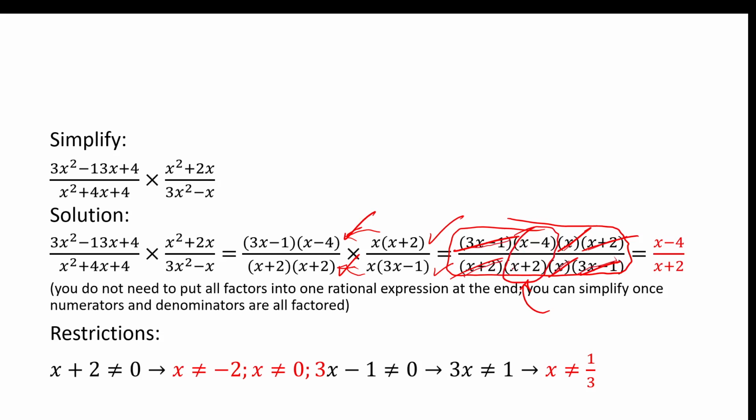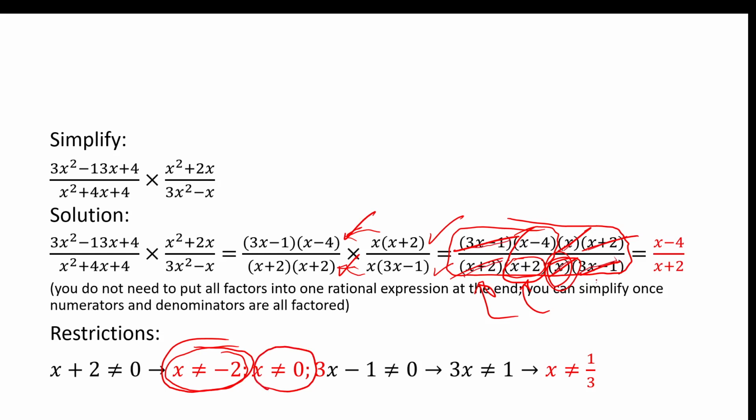Okay? And now what we're going to do is say x plus 2 is a factor of the denominator. We cannot let that equal 0, meaning x cannot equal negative 2. Well, the same factor is here. That's not going to give us an additional restriction. It just gives us the same one. x cannot equal negative 2. There's a factor of x, meaning x cannot equal 0.